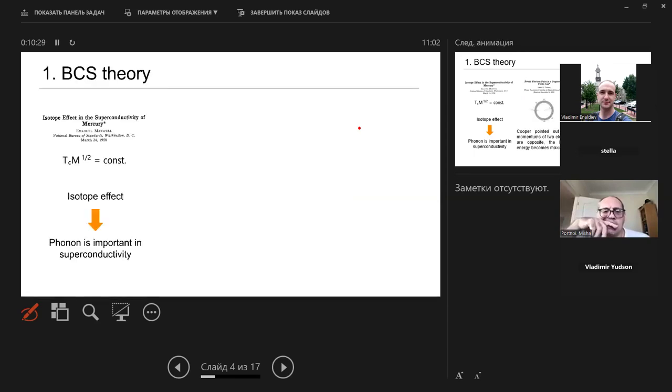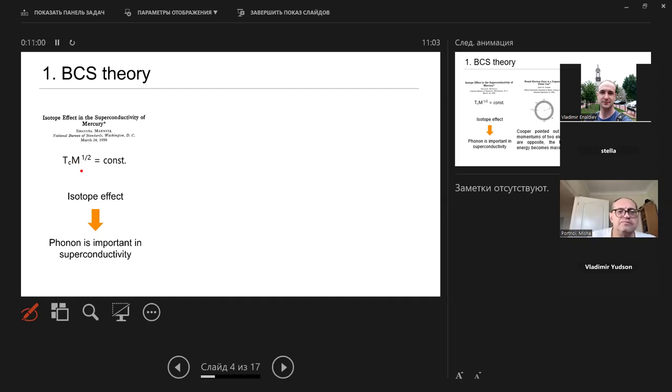So now we know that it is the phonon that plays a major role in the formation of the Cooper pair, but it wasn't clear until 1950, when the isotope effect was discovered in mercury. In this isotope effect, the critical temperature Tc is inversely proportional to the mass of the metal atom.